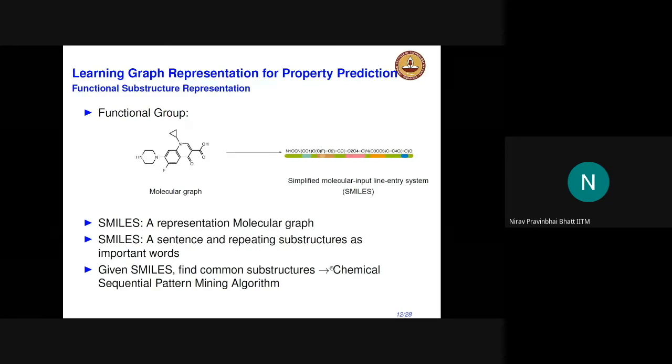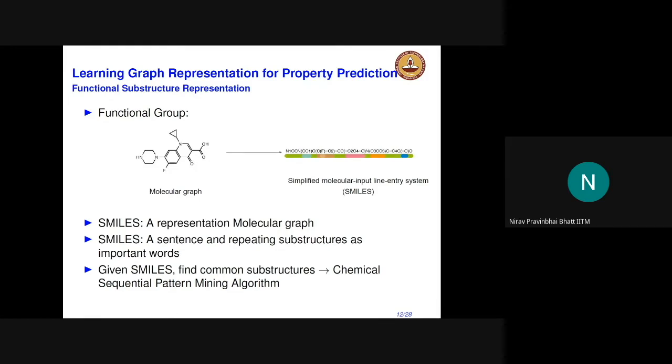What we did is use a chemical sequential pattern mining algorithm, which was published in 2019 by one of the groups, who were trying to solve a different problem in the context of NLP, natural language processing. They used pattern algorithms to find common substructures in a sentence or in a molecule.